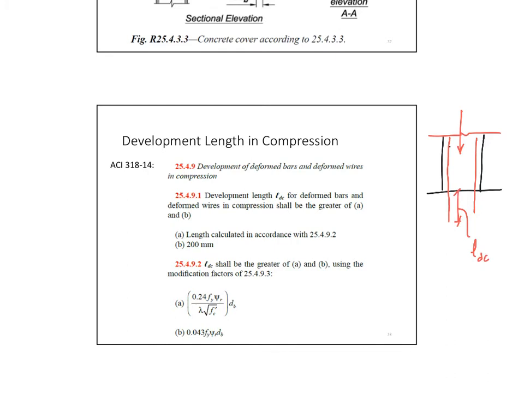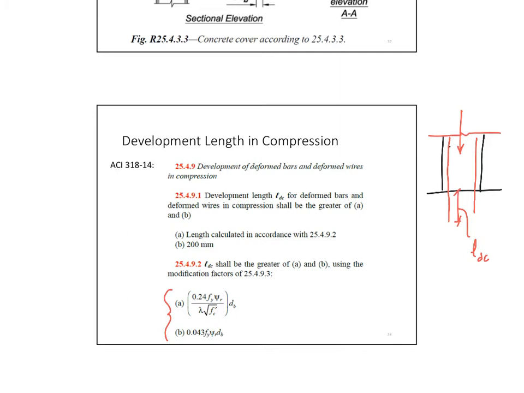If the bar is under compression, the development length follows the biggest of these two criteria. What are those two criteria? 0.24 F yield psi sub r divided by lambda square root of F prime C times dB, and then 0.0043 F yield psi r dB.